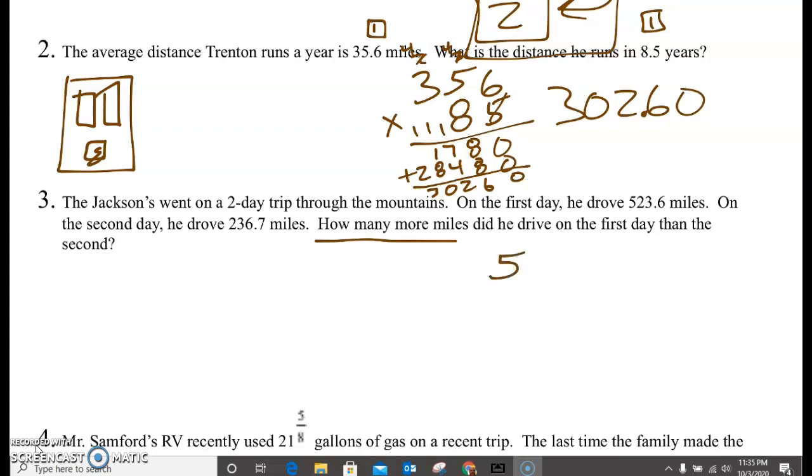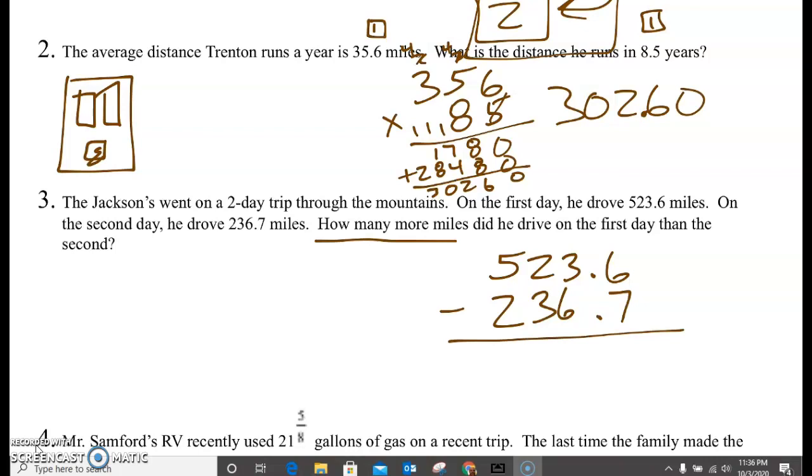The decimals must be in line. So 523 and 6/10 take away 236 and 7/10. Keep those decimals in line right there. They need to be stacked up.